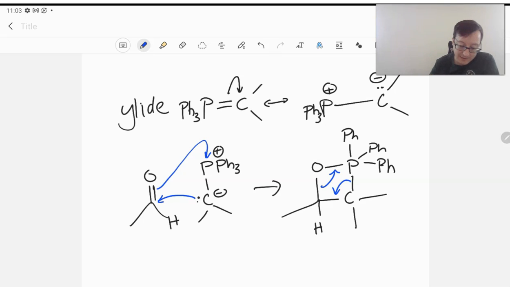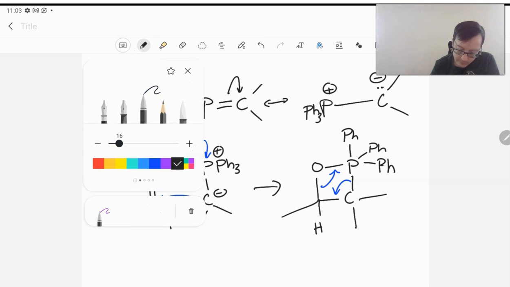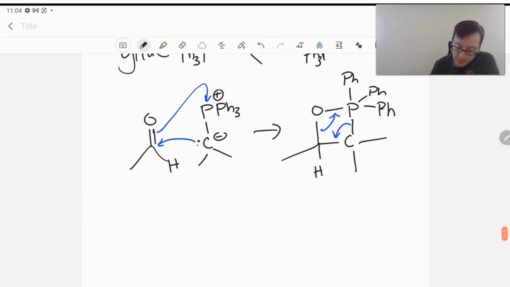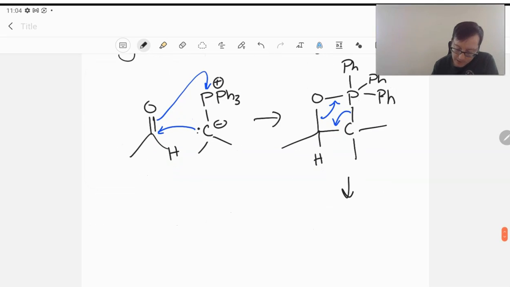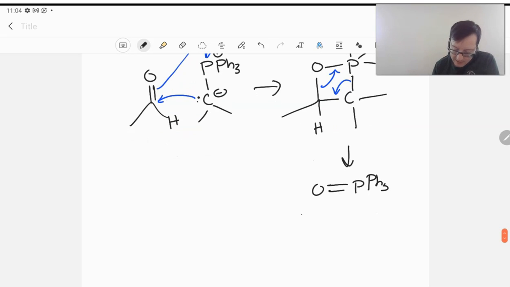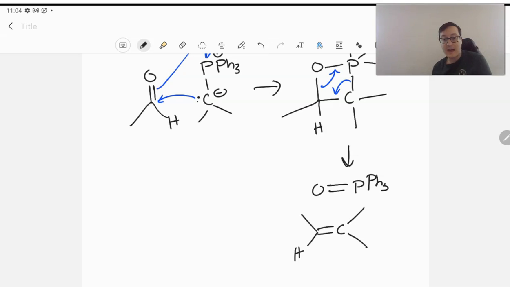So the arrows happen again, which now will break our original carbon-oxygen bond. We'll end up with our oxygen now double bonded to the phosphorus, and we end up with our new carbon and whatever its substituents happened to be. So we end up now with these 2, and we have replaced that oxygen with the carbon-containing units.